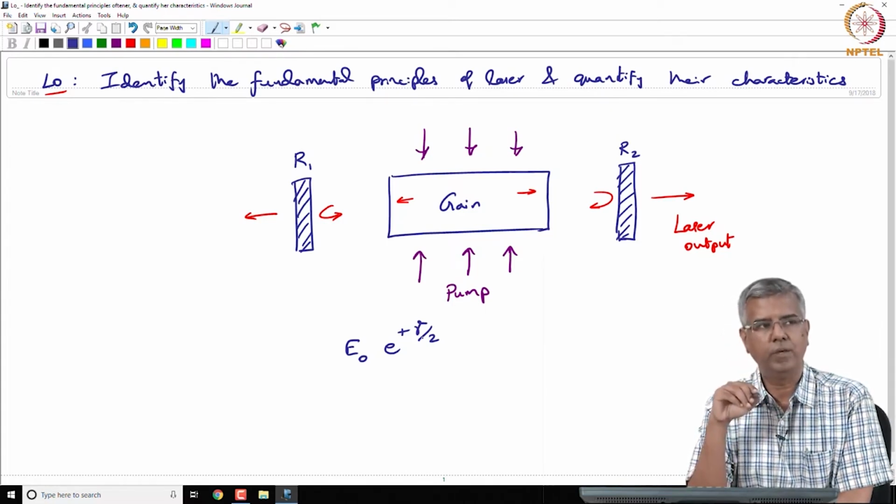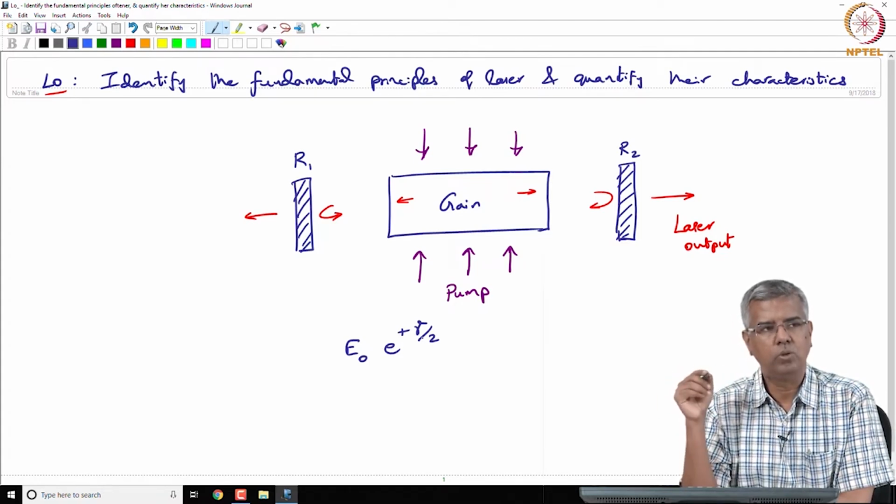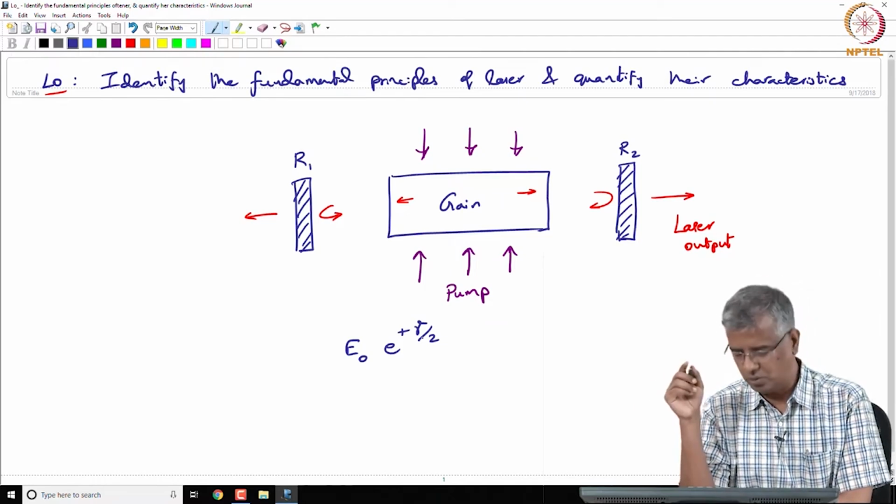Why am I tracking the field? Because I not only want to match the amplitudes, but also the phase. To track the phase, you need to see what is happening to the fields.